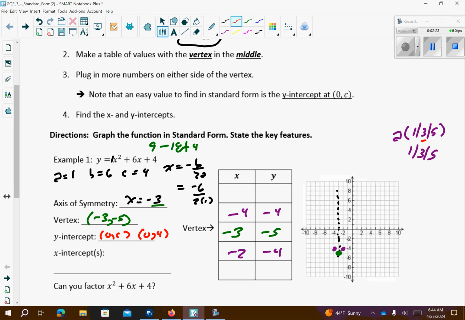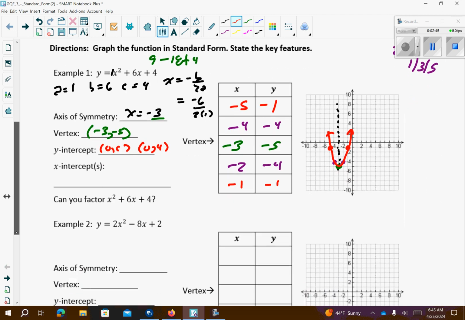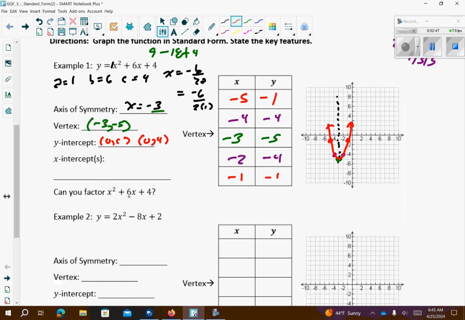Right 1, up 3, and left 1, up 3. And there's our parabola. We can identify more of those points, like negative 1, negative 1, and negative 5, negative 1. This one doesn't cross the x-axis at an actual point. That would have meant that it wouldn't have factored out.